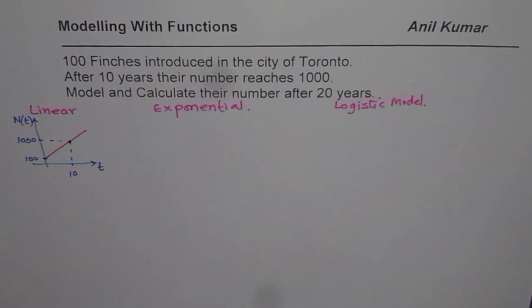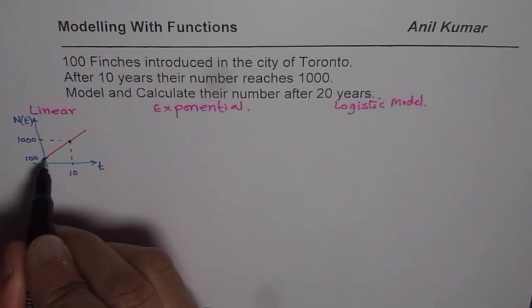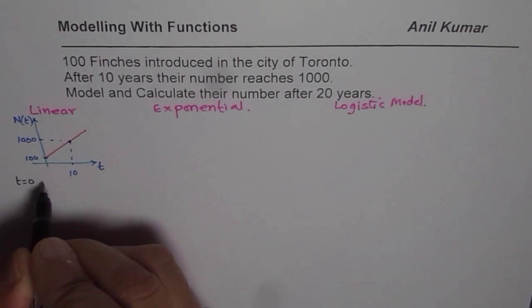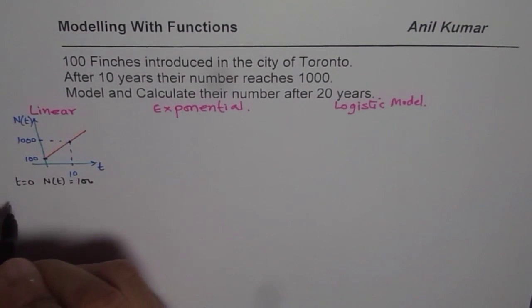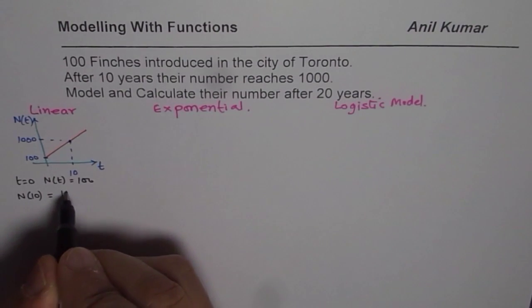So that is the model. To write down the equation, we need at t equals to 0 we have 100. So at t equals to 0, n of t is 100. We could write n0. Let me write this time n of 10. After 10 years the number of finches is 1,000, right?